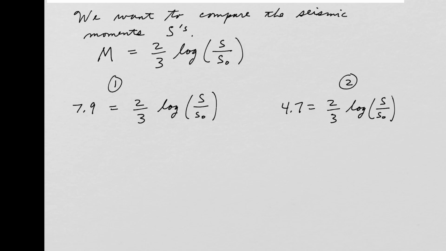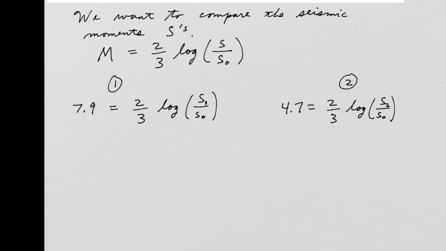Let me call this S1 and this one S2, meaning the seismic moment for the first earthquake, and S2 is the seismic moment for the second earthquake. So I want to solve for S1 and S2.